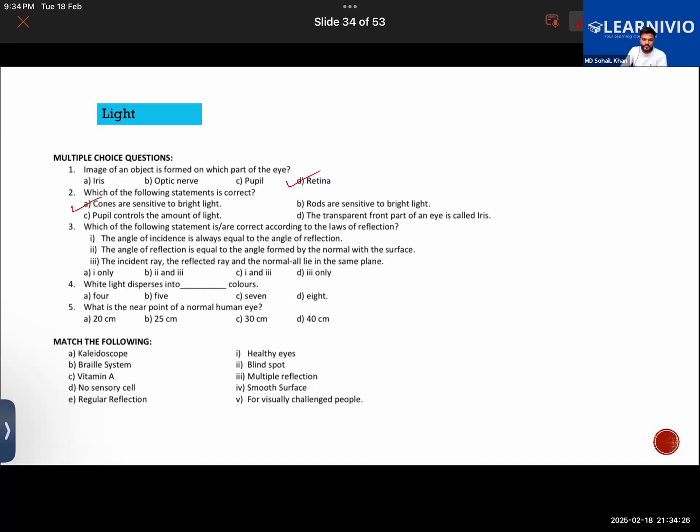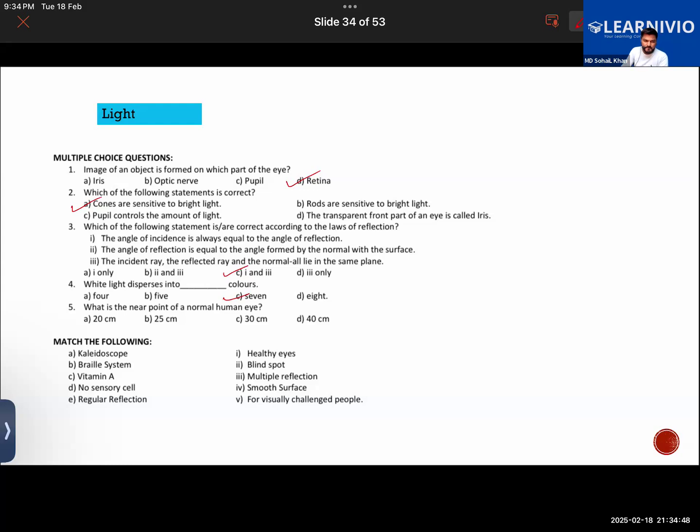First one and the third one. Good. Very good. So which option is correct? Option C. Good. Seven. Very good. Next. 20 centimeter.